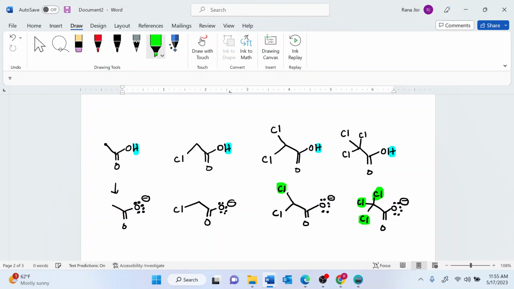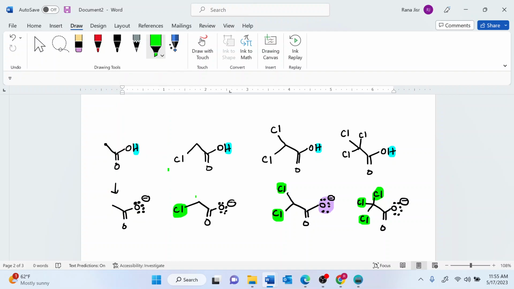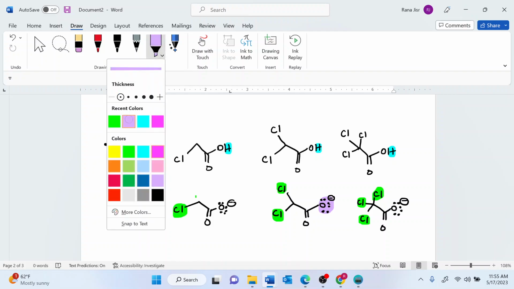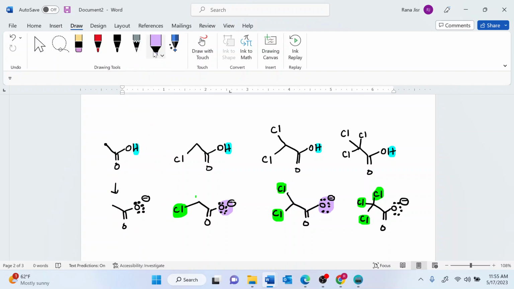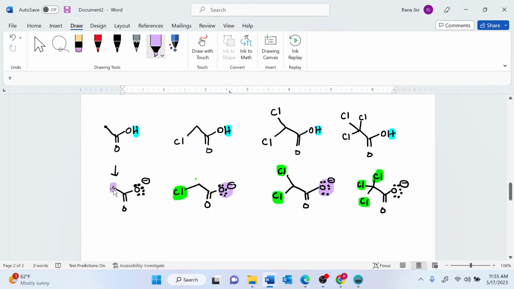Versus here I have two chlorines that are closer to the O negative, versus I have one chlorine that is closer to the electronegative element, versus here I have no chlorines whatsoever. So since I have no halogens in there, no electron withdrawing group, that is going to destabilize the conjugate base.